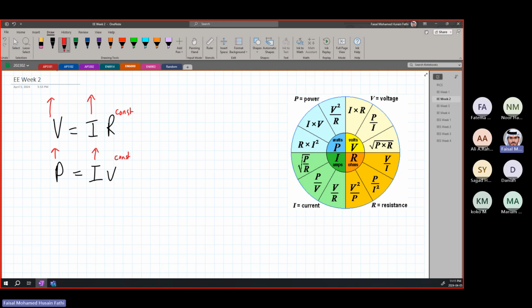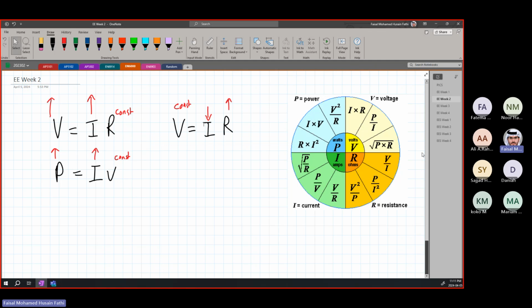This point is very important. Why? Because even if you have V equal IR and the resistance is increasing while the voltage is constant, it means the current is going down. So obviously it applies to everything. This is very important to understand when you are using these equations, so you understand why you are using them.